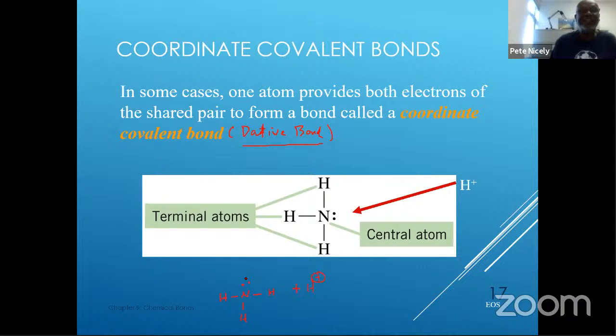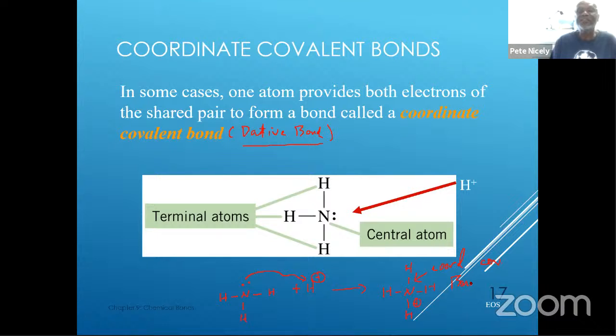So what's going to happen is that this pair of electrons will be donated to the hydrogen ion, and you're going to end up with H, N, H, H, and H. You're going to have a plus charge here. And this bond here will be the coordinate covalent bond.